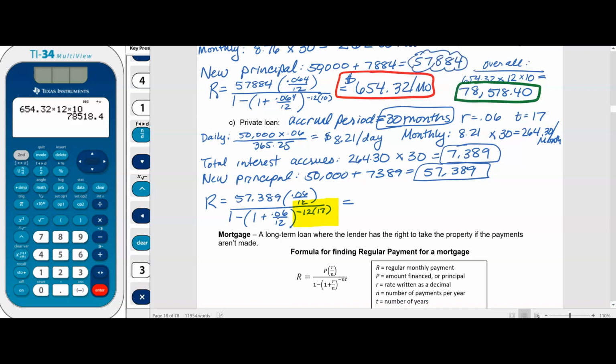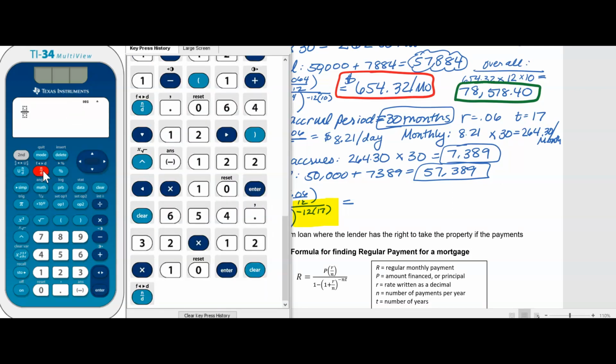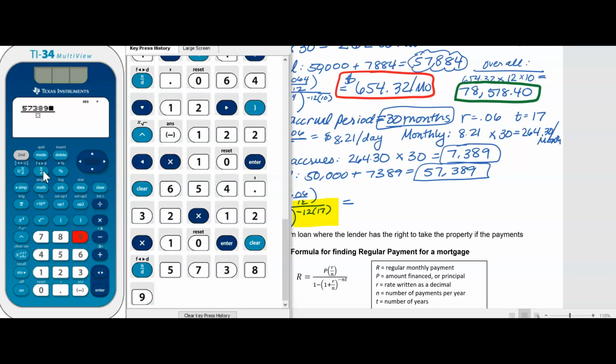So we're going to go ahead and put that in the calculator, and I'm going to do this one because I think when students get these problems wrong, a lot of times it has to do with how they're entering things in the calculator, because there are so many different steps.